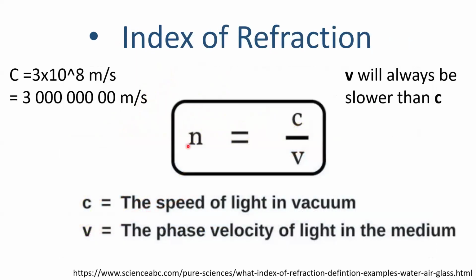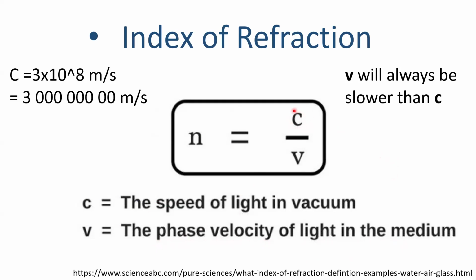Index of refraction, that's the letter N, equals the speed of light in a vacuum over the velocity of the light in the medium. What does that tell us?